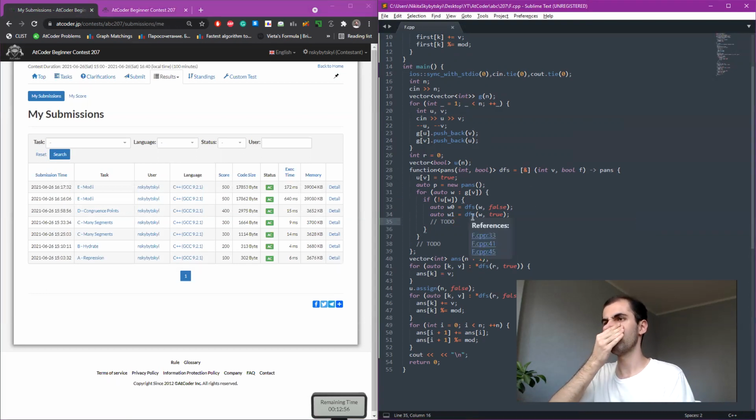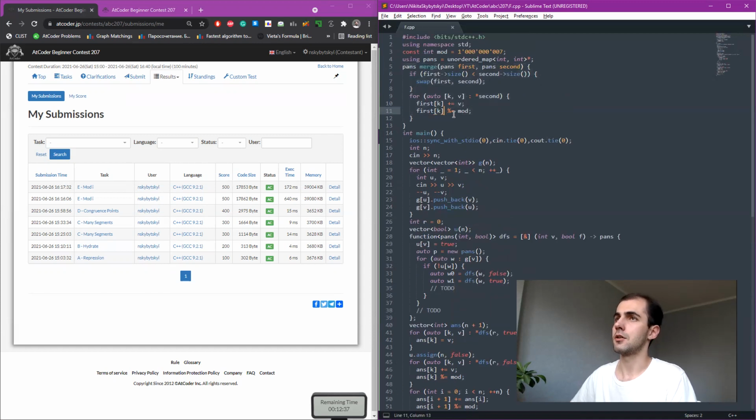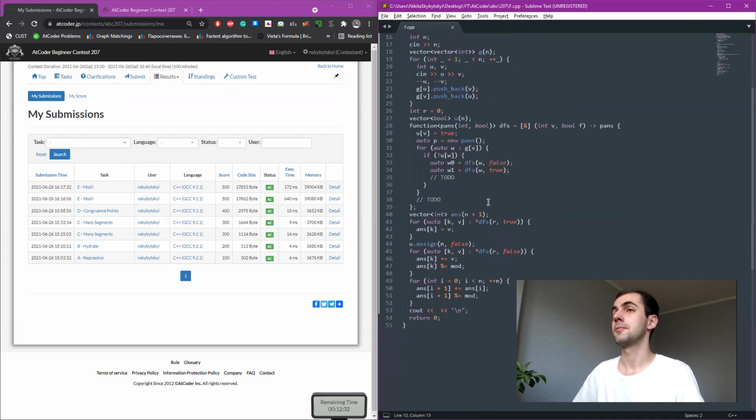Okay. So this function returns a map from the number of vertices that we cover to the number of ways to do that. And that's why we would like to merge them like so, by preserving the key and adding. They only count in the subtree.